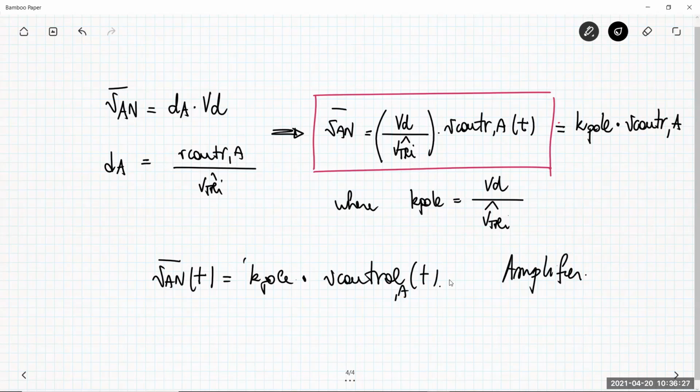It is the same as having a control voltage that is amplified by this amplification term, K pole, in order to get as your output the average value of the voltage VAN. Okay, this is a sort of amplifier.